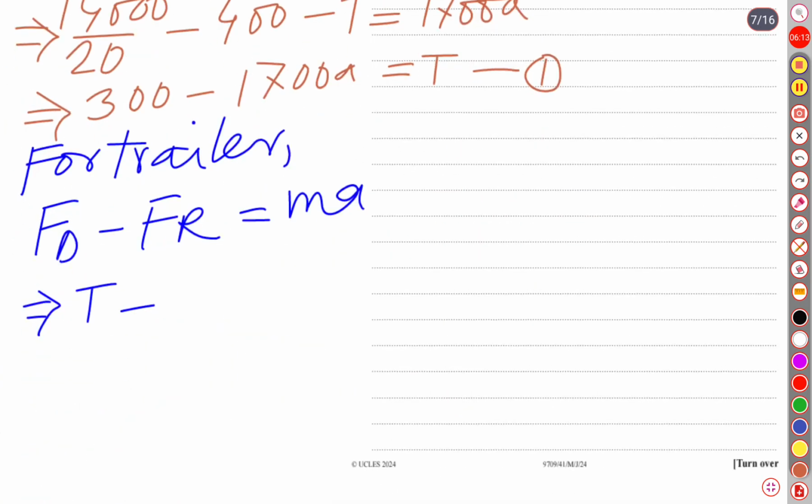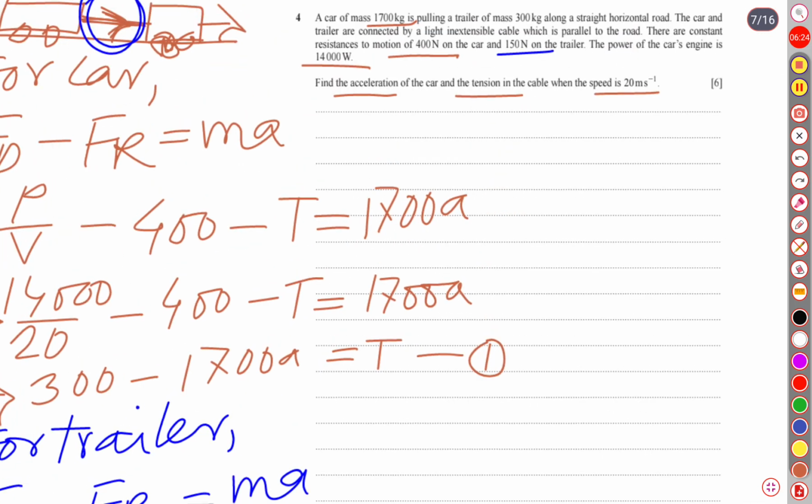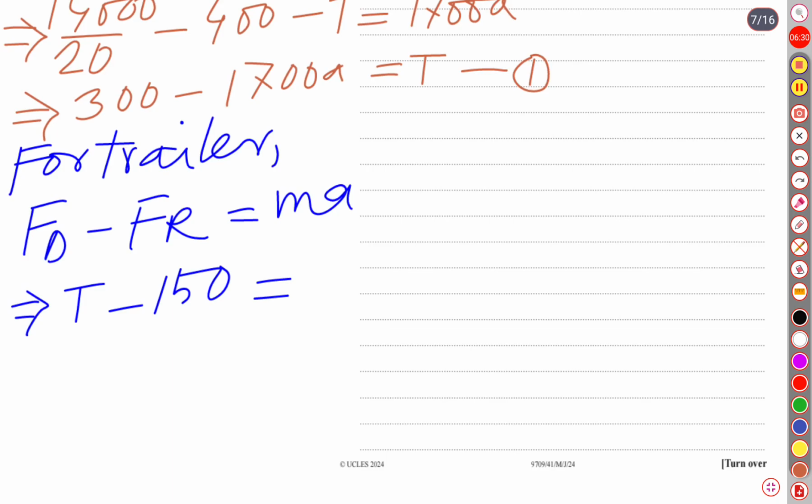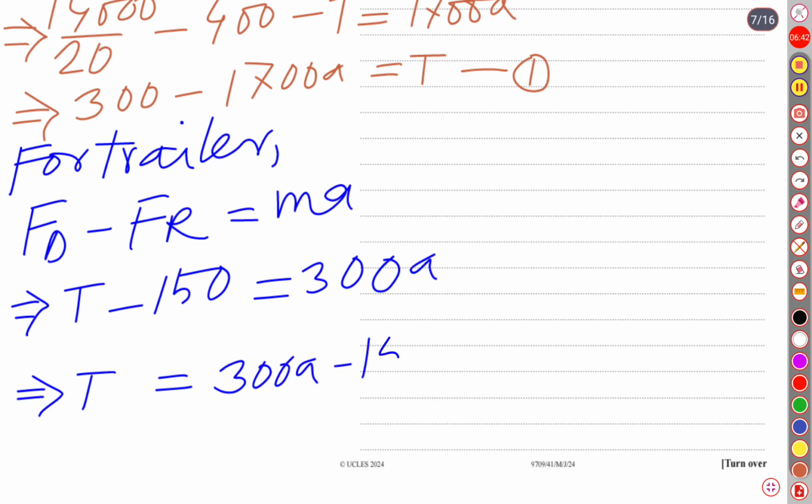So let us write minus 150 Newton, and there are no more resistance forces, equal to mass of the trailer, which is given as 300 kg, so 300 A. If we isolate T to form simultaneous equations, it is going to be T equals 300 A plus 150.